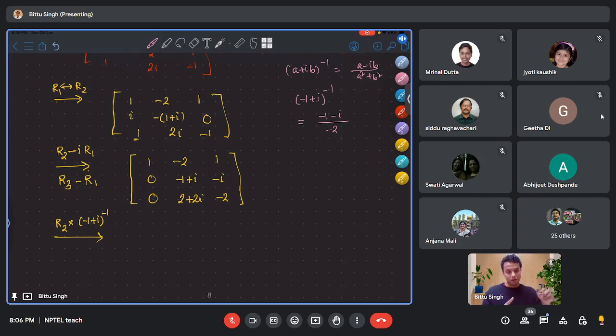In other words, z bar by mod z squared. That is the same as half of 1 plus i. So instead of the inverse, it is the same as multiplying with half of 1 plus i. This will give 1, minus 2, 1, then 0, 1. Now minus i times half of 1 plus i, what will this be?